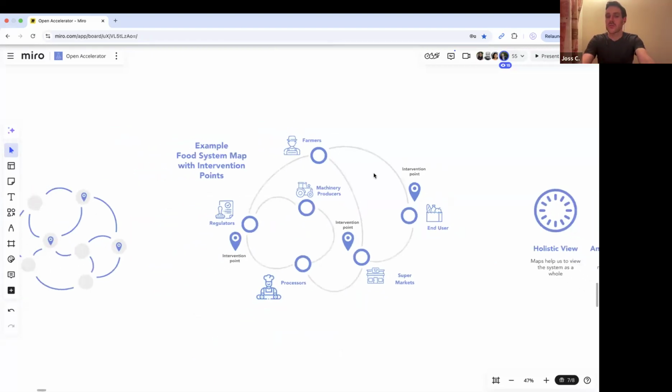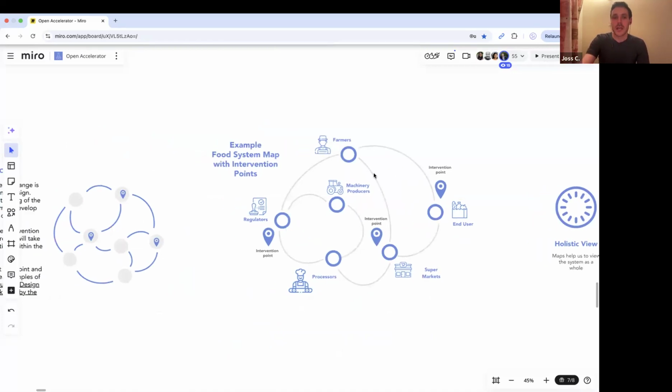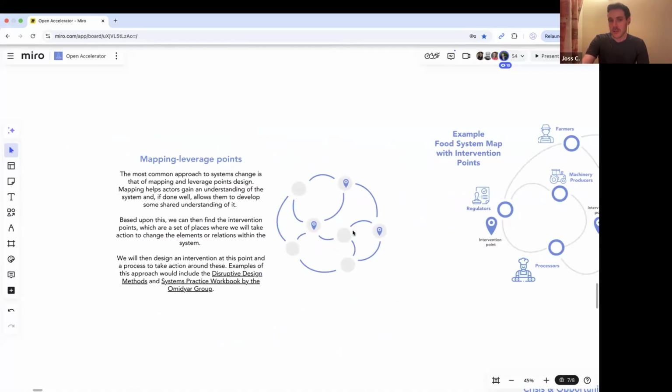So that's core to how many organizations and many people think about systems change and systems innovation, that it's this understanding and mapping out the factors and so forth.